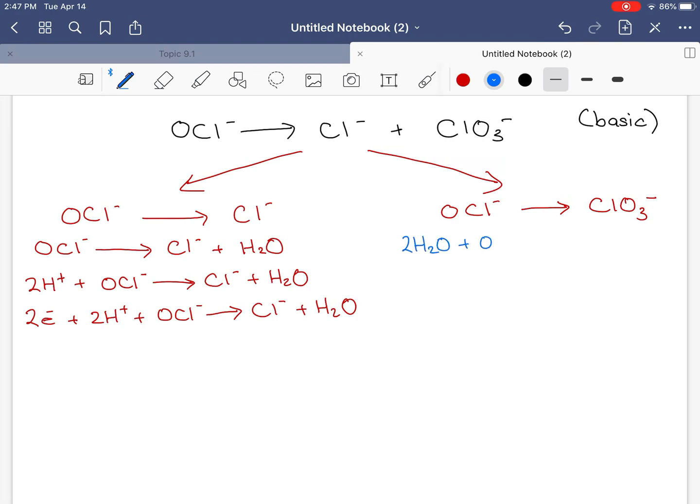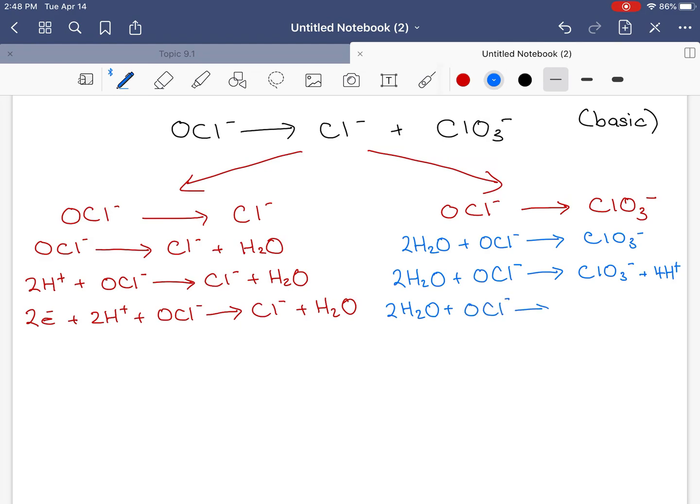I'll add 2 H2O. Okay, 4 H's. And it seems like we're going to add 4 electrons to the right side here.